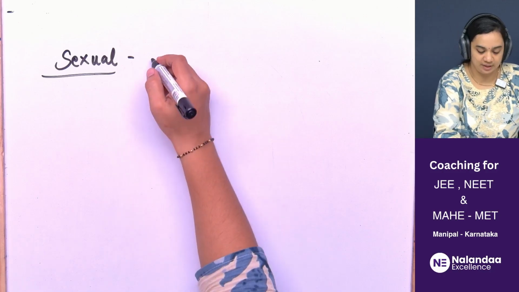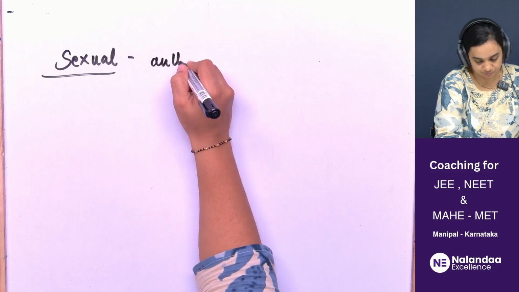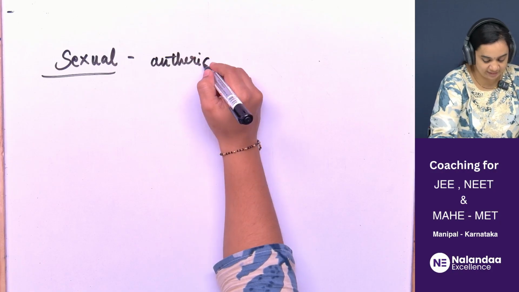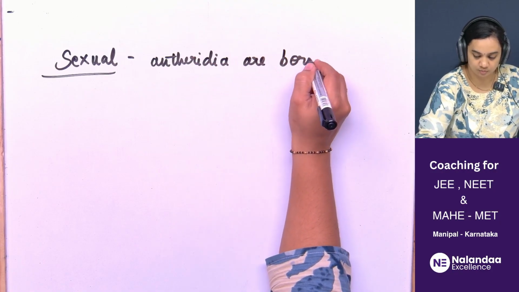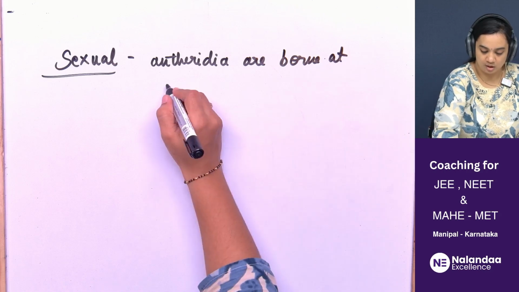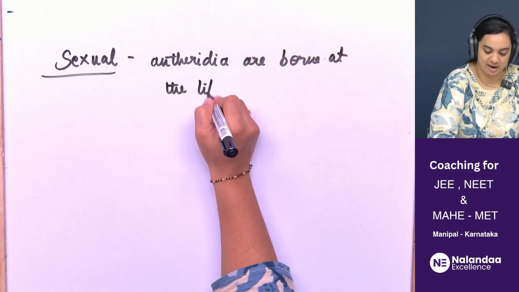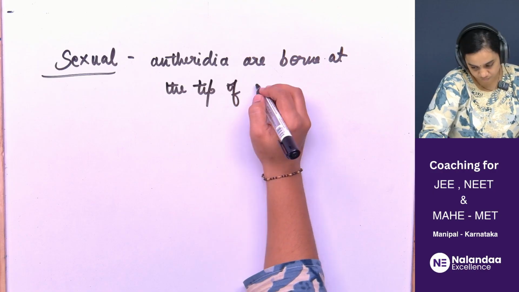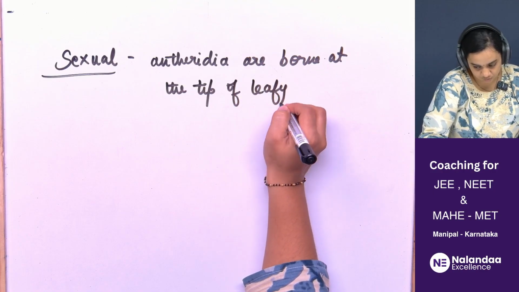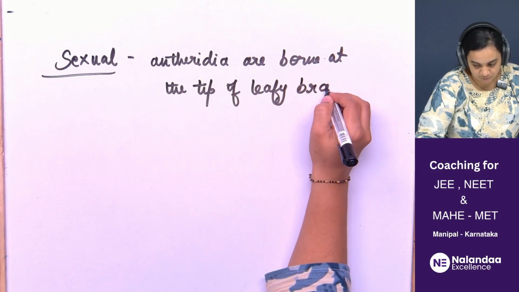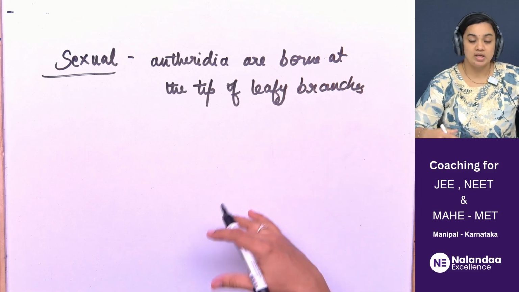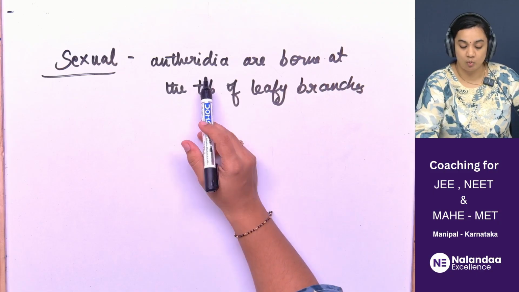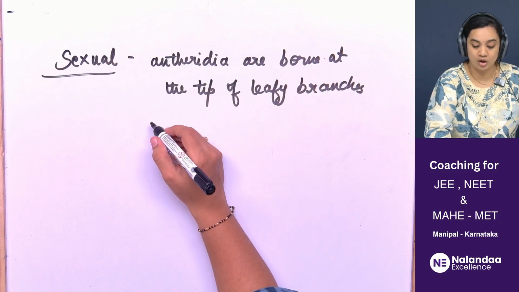So sexual reproduction happens by antheridia, where antheridia are borne at the tip of the leafy branches. This gametophytic leafy thallus can actually be branched also. Each branch at its tip will have the antheridium or archegonium.